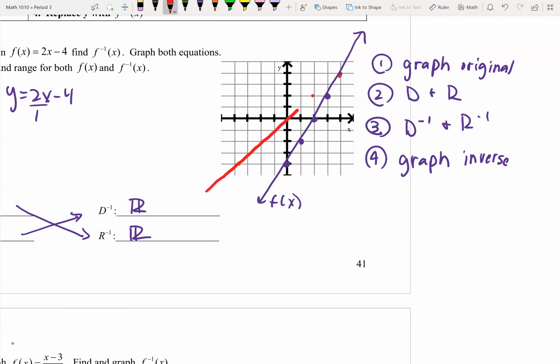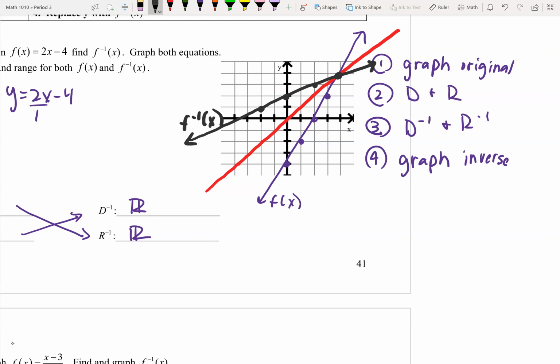This dot right here is a full diagonal. This one's a diagonal and a half. I feel like that's enough points. I think I can get a really accurate graph from that. Draw my line, label it f to the negative first of x, draw an arrow at both ends, and now I have to come up with the equation.